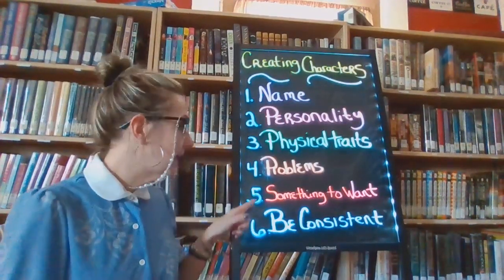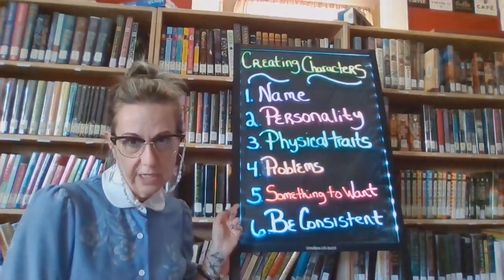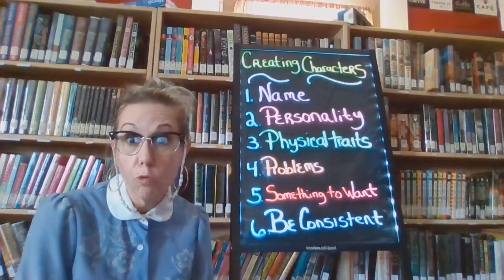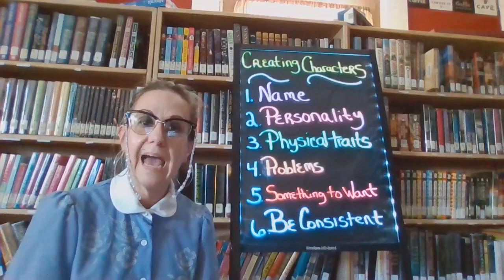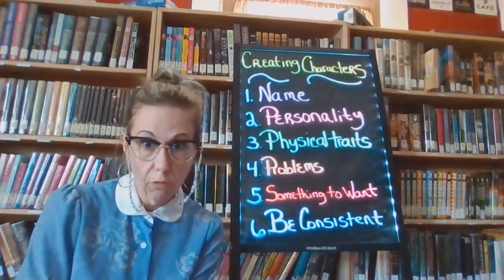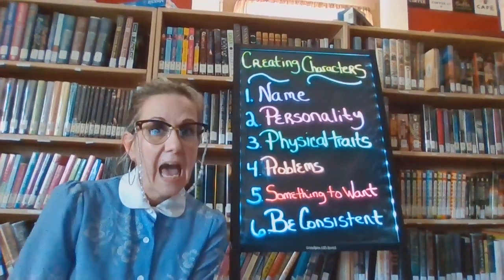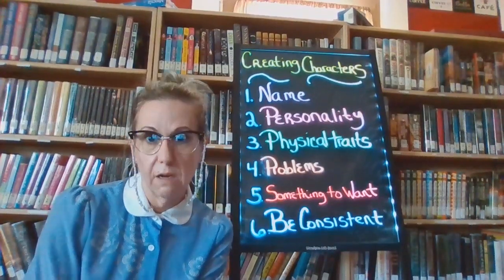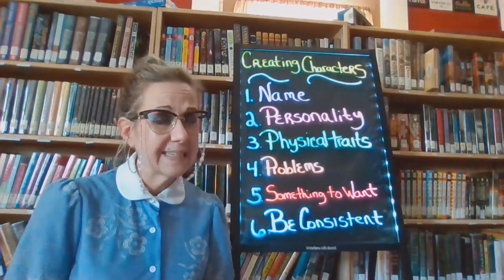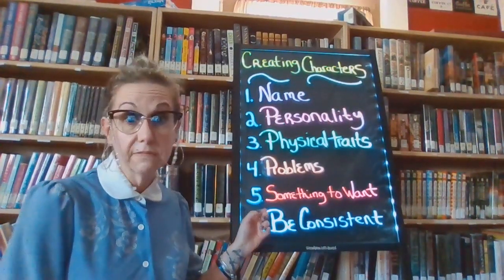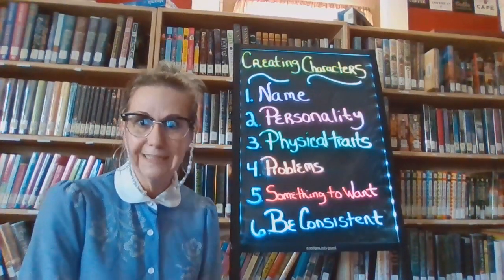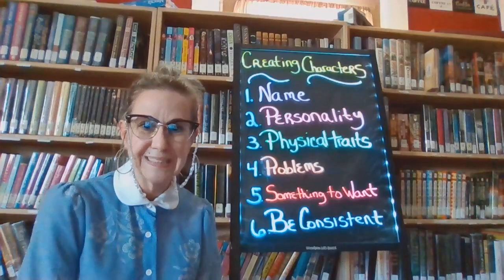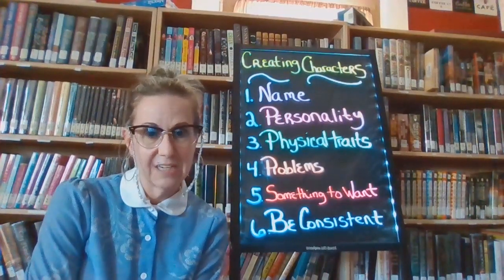Next, we want to give them something to want or a goal to work towards. Having a character with a goal or a want helps move the story along. One of the best examples that I can think of for giving a character something to want is Roald Dahl's Charlie and the Chocolate Factory.